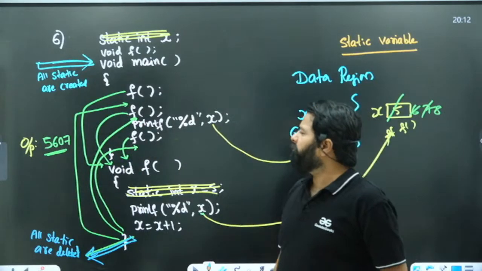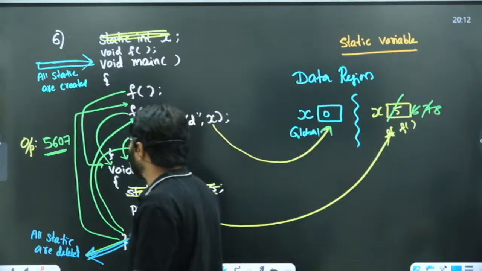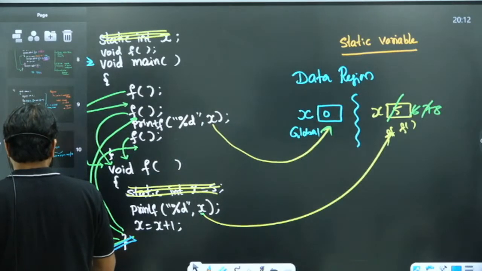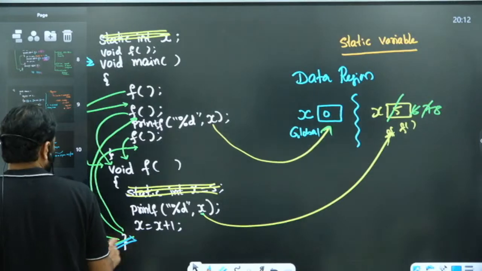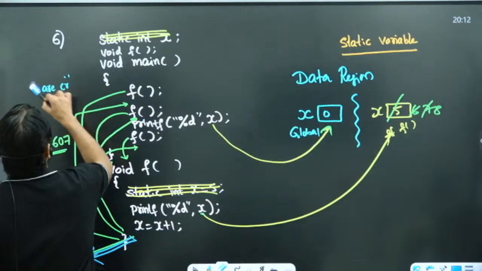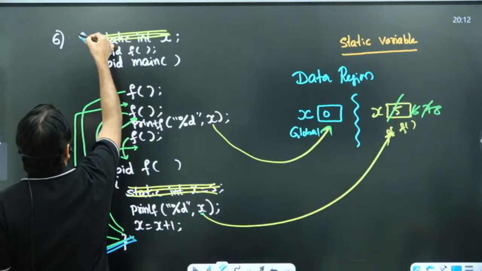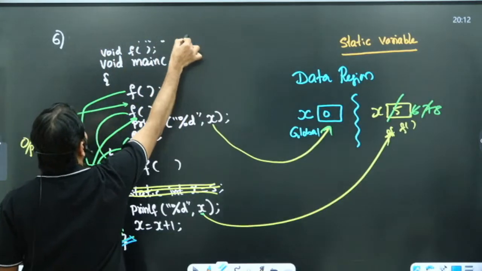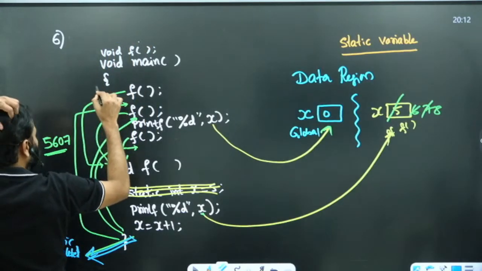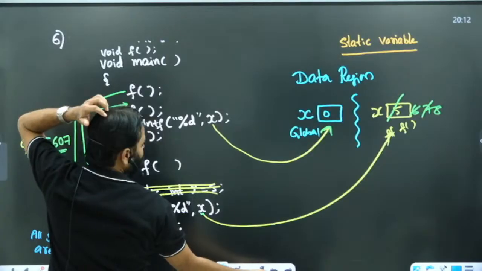Same program, if you do auto, what happens? Anyone? Anyhow, there is no auto global, right? You can't write it here. Okay, let me write it.